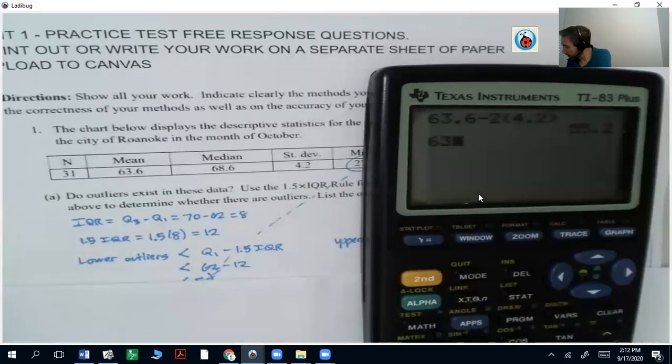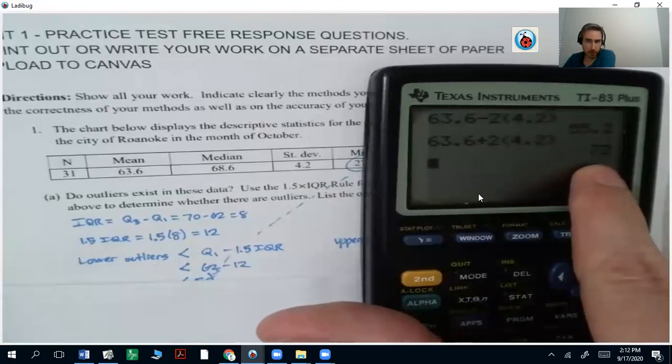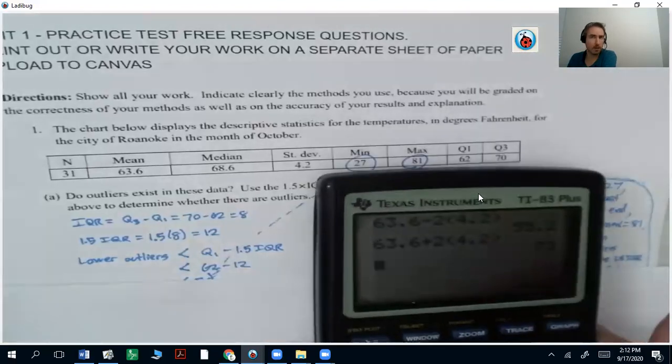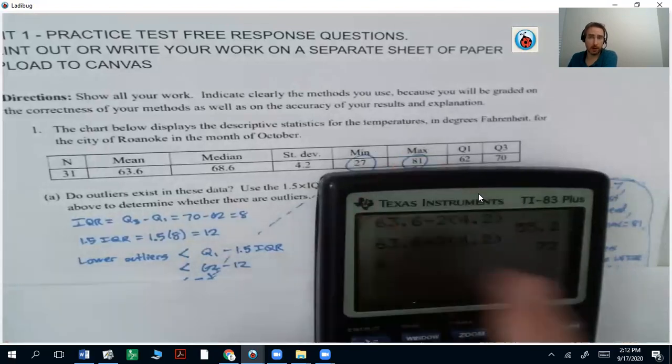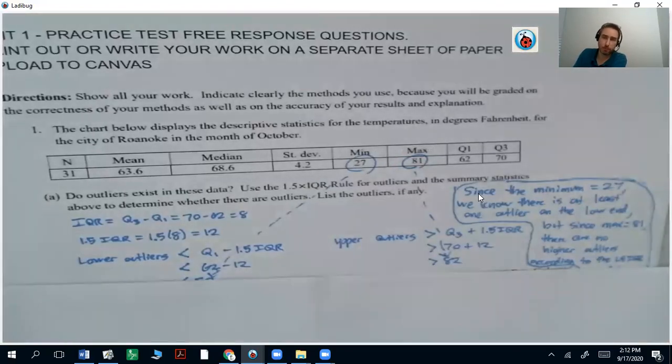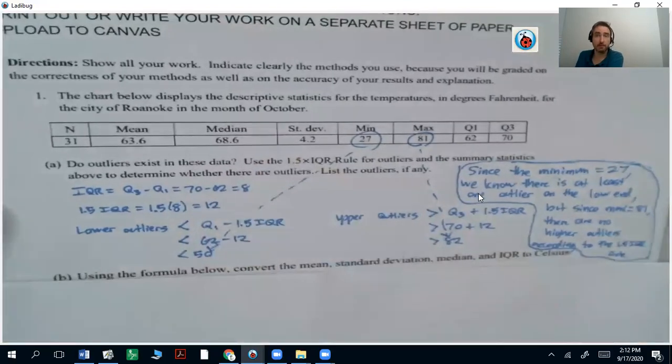And if you add 2 standard deviations, anything above 72 would be considered an outlier. If you use that rule, then you could argue that there's an outlier on both ends. But according to the 1.5 IQR rule, there are no outliers on the high end.